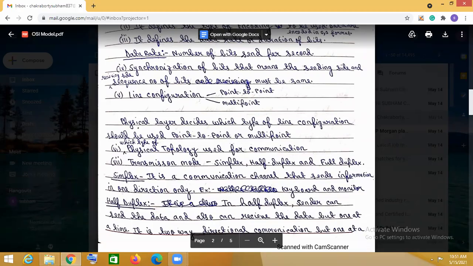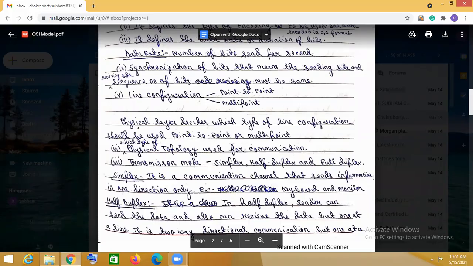You are only sending information in one direction. You write through the keyboard, and the keyboard sends signals into your system.